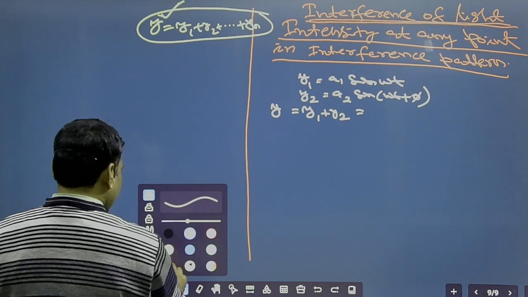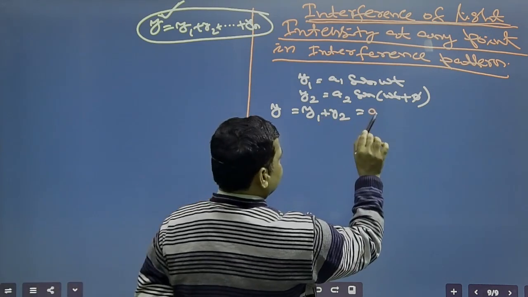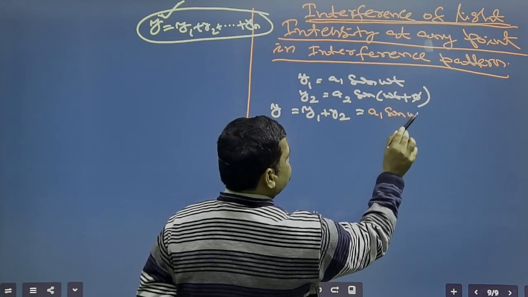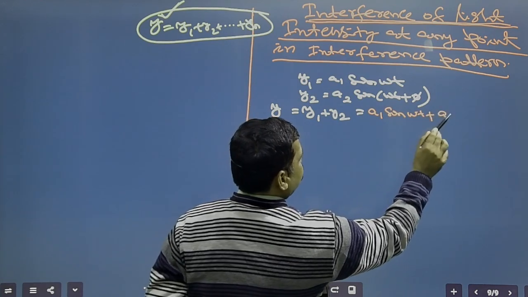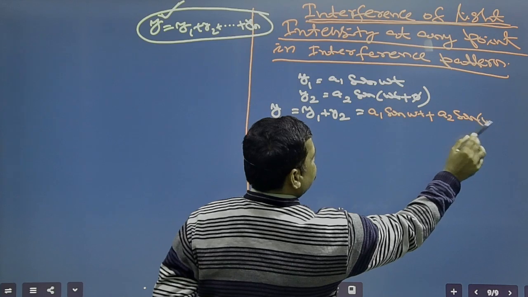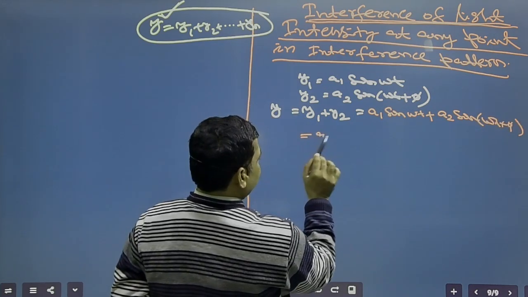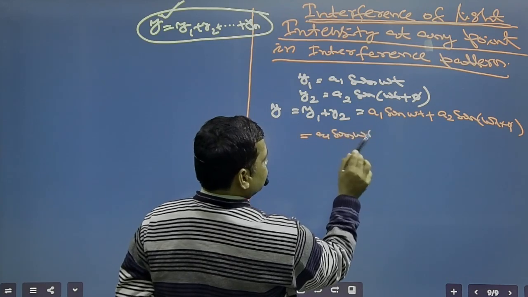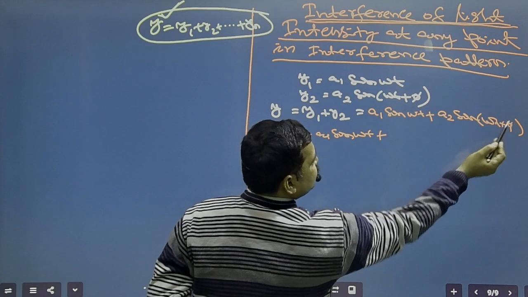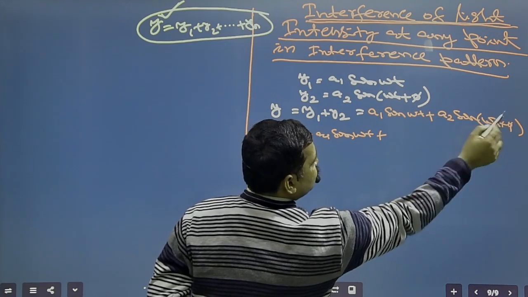Now mathematically we can find this out. This will be a1 sin omega t plus a2 sin (omega t plus phi). Here you see, sin(a plus b) is sin a cos b plus cos a sin b.